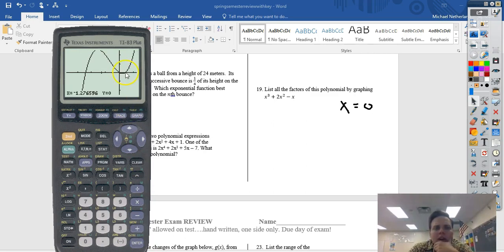No, it is crossing twice. I don't know why it gave me 0. It's crossing right here. Oh, I'm dumb. So we go back to that. We go to 0. Left bound. Where's my cursor? Okay, my cursor is right here. But I want to move it to where it's on the left side of this crossing right here.